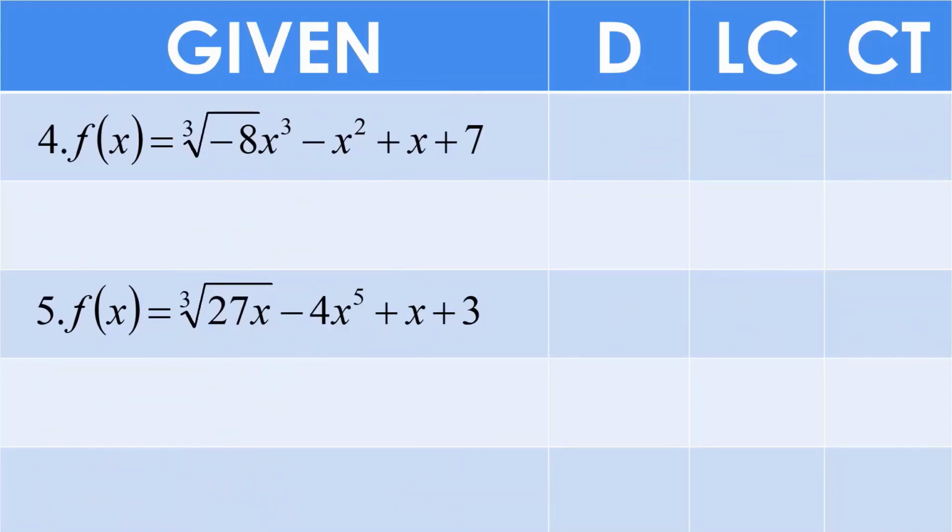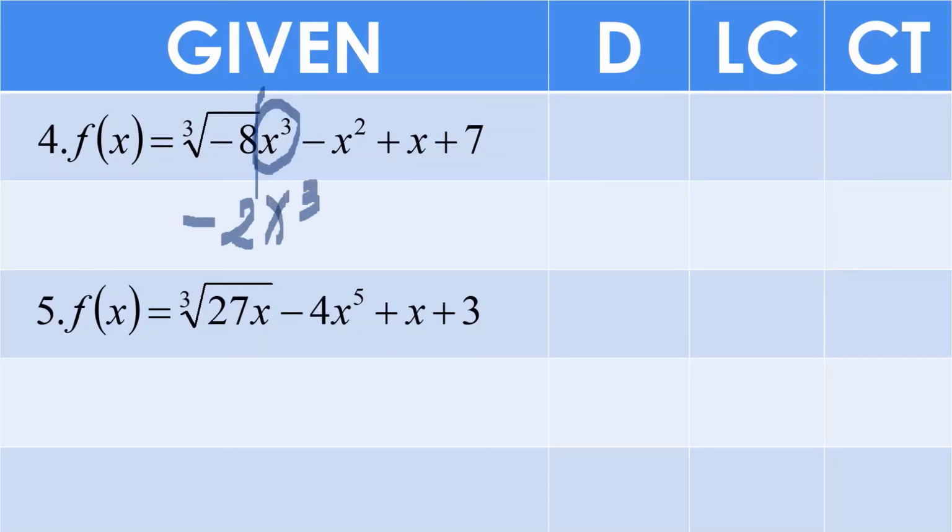Number 4 example, f of x is equal to cube root of negative 8, x cubed minus x squared plus x plus 7. Looking at this, the radical goes up to here only. Cube root of negative 8 is negative 2. X cubed is not included in the radical sign.